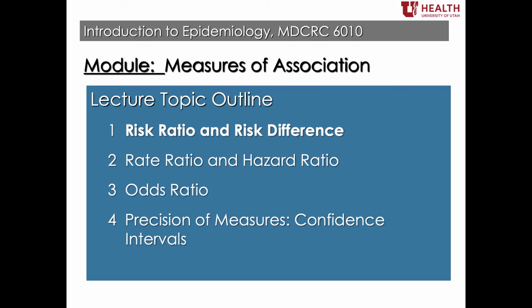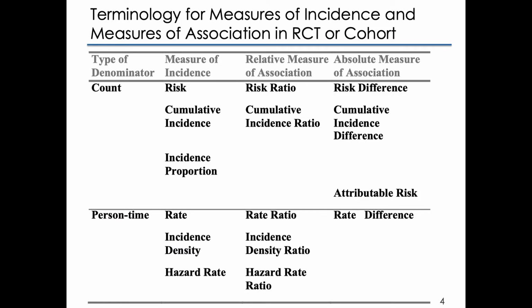So we'll start with the topic of the segment on risk ratios and risk differences. This slide shows some terminology for measures of incidence and measures of association in a randomized controlled trial or cohort study. So in this course, we've already addressed measures of disease frequency and how incidence is measured.